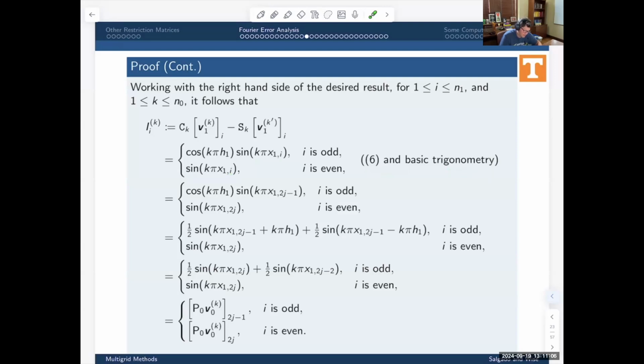It's not that difficult, but it is rather tricky. It's probably 4 or 5 lines going from this to this. So I get out 2 different answers according to whether I is odd or even. So you use that aliasing formula, which I just referenced, 6, and you also have to use a sine angle summation identity.